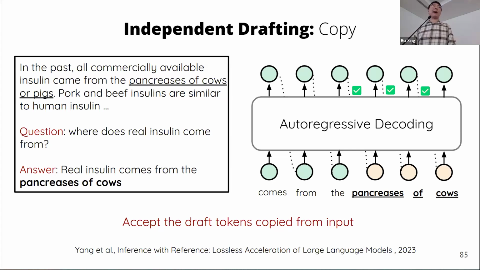Okay, so this is the basic idea of copy as a draft. It's suitable for some tasks like editing. You want to edit a passage, or usually fix some grammar errors, and also if you want to reuse some of your multi-turn conversation.